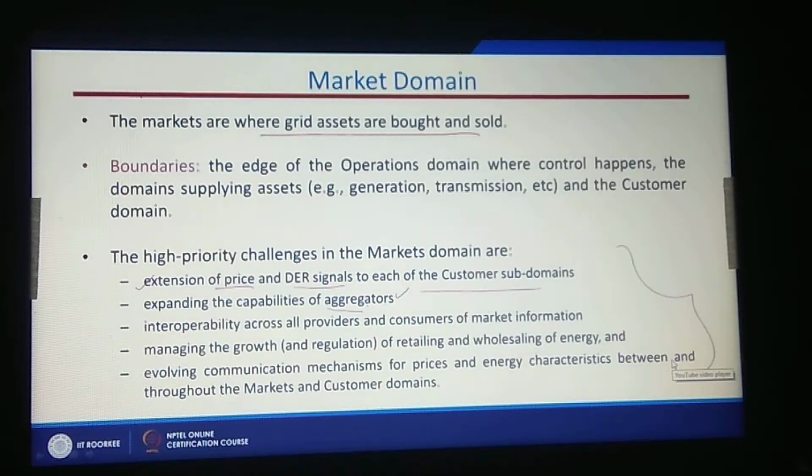We have generation, transmission, distribution equipment, and different equipment in the customer premises. We have to set things up in such a manner that they should speak to each other. Every device in the customer domain, transmission domain, and distribution domain should speak to each other. That is interoperability.